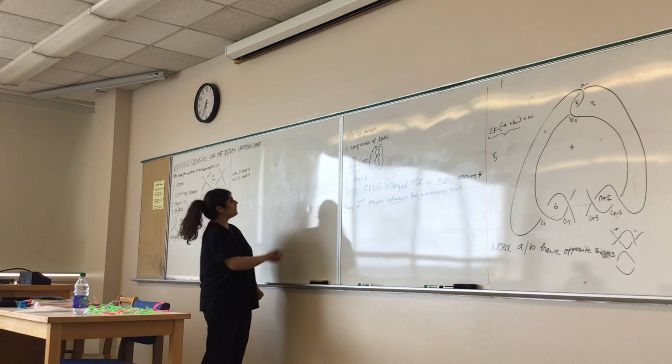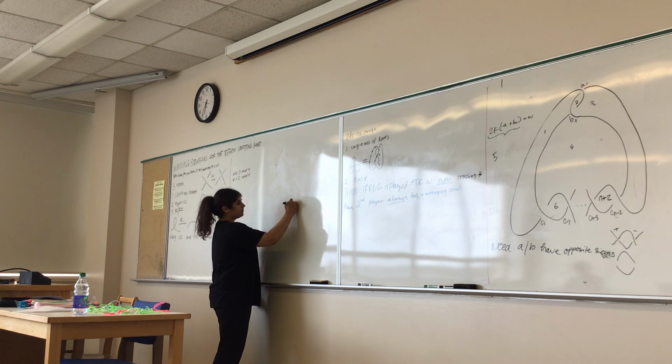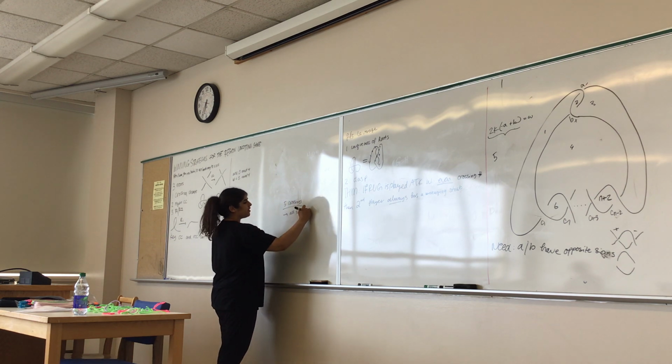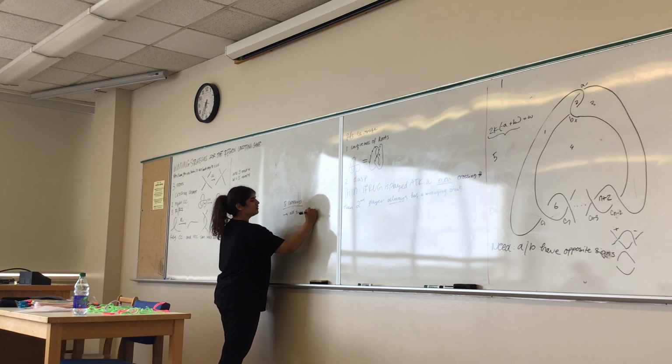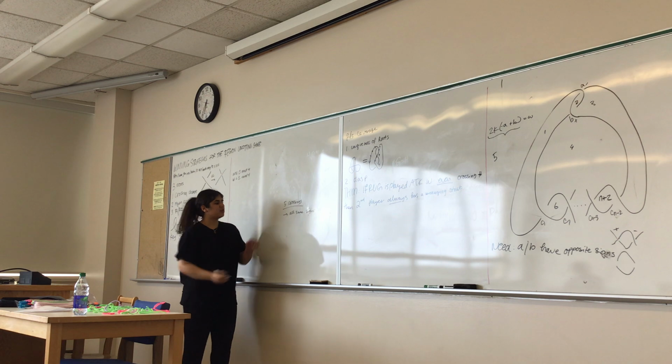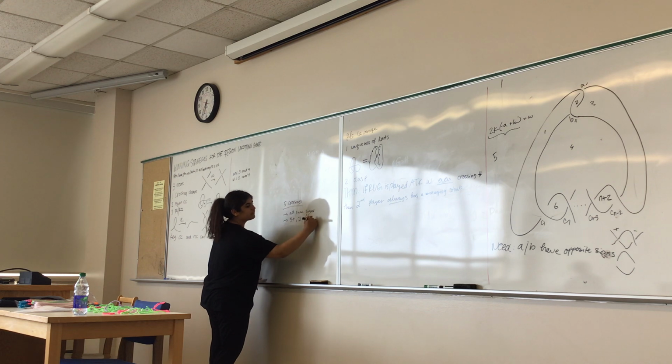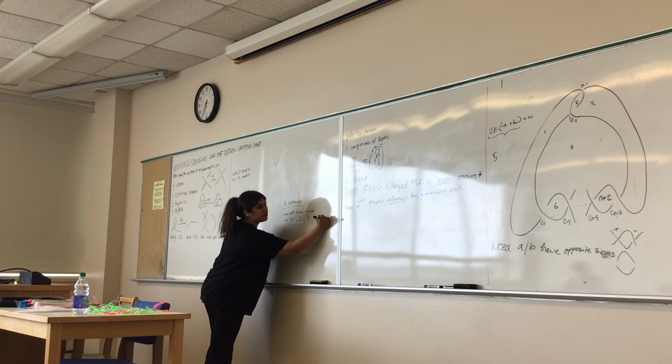So for example, if we have 5 crossings, we have either a knot that has all the same signs. So if you gave me a 5 crossing knot that had all of the same signs, I would know that that was a knot. Or we have a knot that has 3 positive, 2 negative, or vice versa, 3 negative, 2 positive. And I actually think this is the star knot.